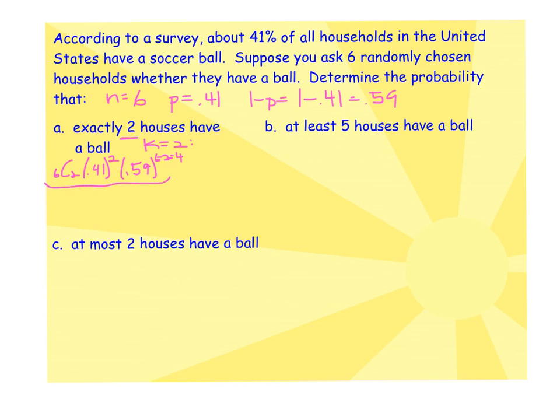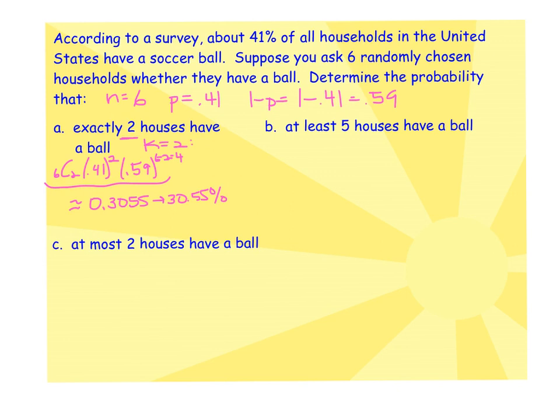So please grab a calculator and see if you can make this work. 6C2 times 0.41 squared times 0.59 to the 4th power. Enter that in, and you should get approximately 0.3055. That means it's about a 30.55% chance that exactly 2 houses you randomly survey would say, yep, we have a soccer ball.